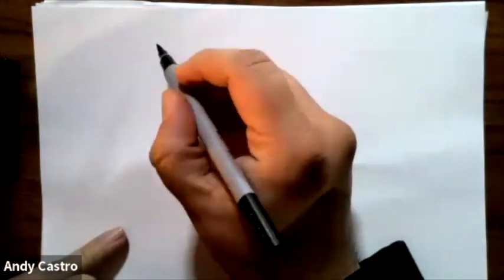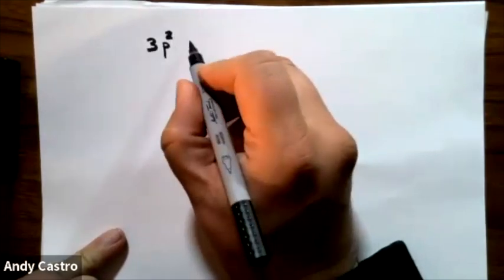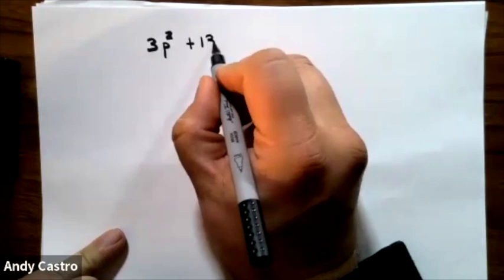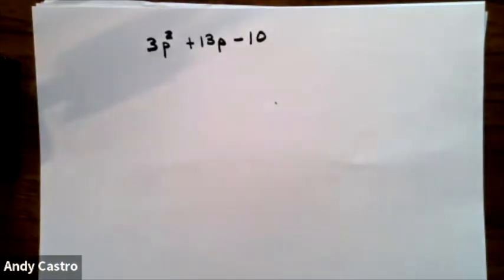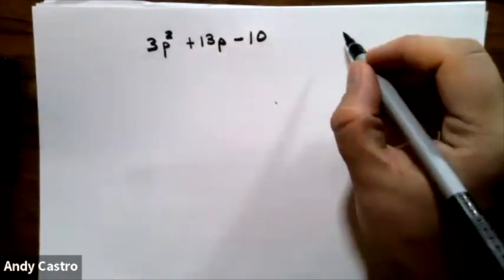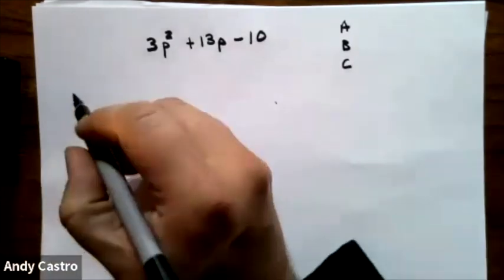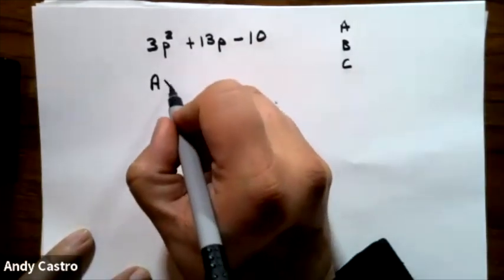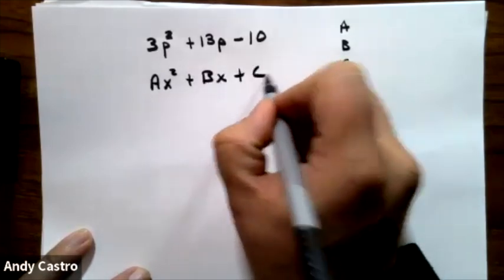So let's start with 3p squared plus 13p minus 10. All right. 3p squared plus 13p minus 10. So the first thing we're going to do is identify what our A, B, and C are, because remember, the proper quadratic is ax squared plus bx plus c.